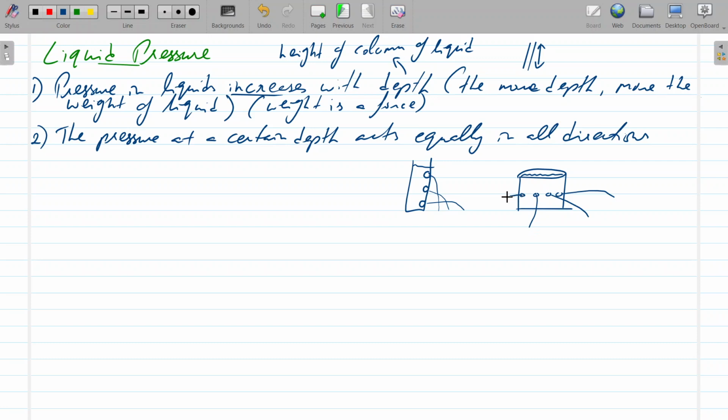It will be going the same distance. Obviously, it doesn't make much sense with the drawing I've made. Hopefully, the verbal explanation helps. And this is perhaps something that you can try. You'll have to sacrifice a container. You can take a plastic container, make some holes in it, and then try this out.